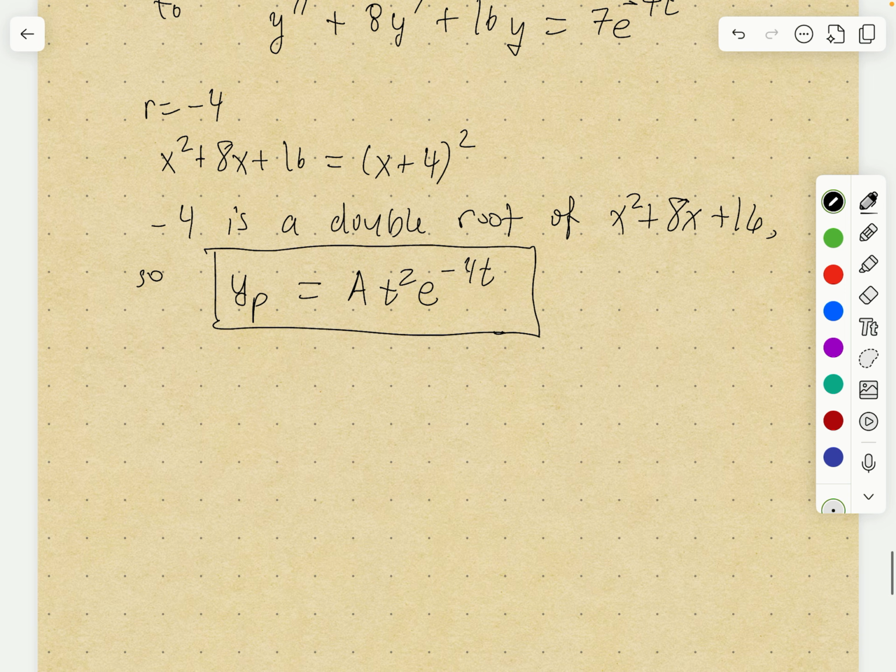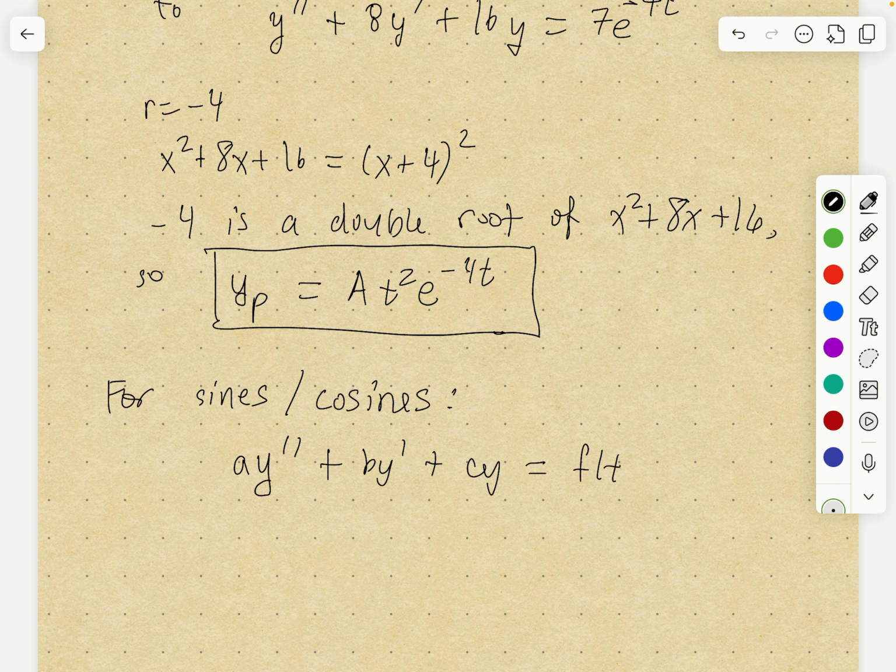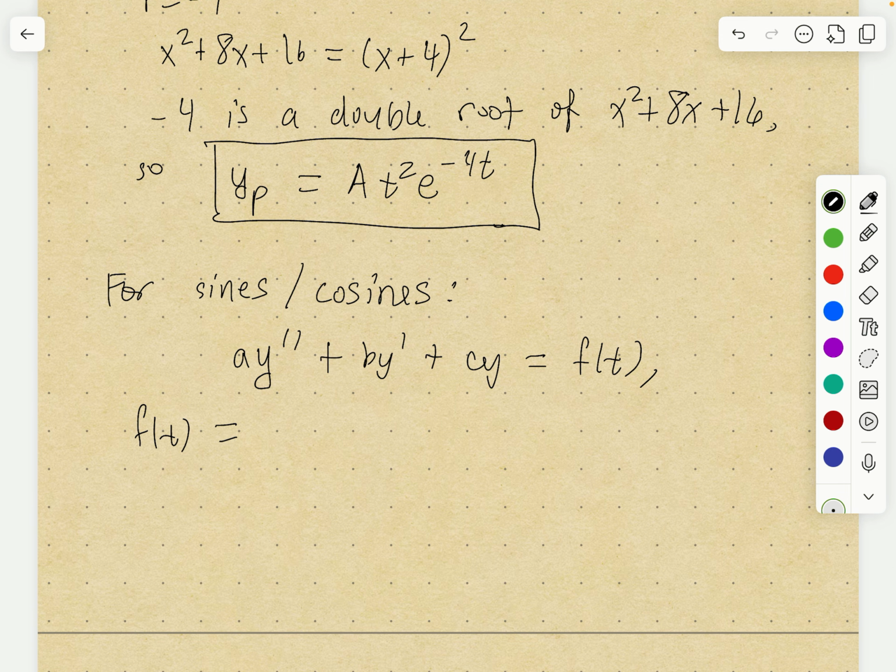Okay, so that's what happens if you have an exponential as your f of t. And then for sine and cosine, let's say that you had, again, ay double prime plus by prime plus cy equals f of t, and f of t was something like c times sine of beta t, or c times cosine of beta t.